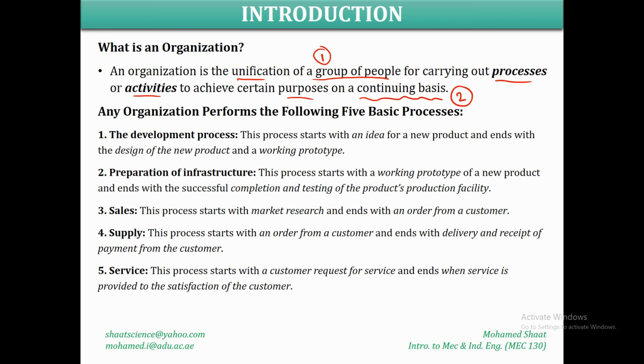By the end of the semester, by the end of the project, the relation between the members of the group will end. It means that the unification will vanish by the end of the project, the task, the purpose, the process or the activity. So it won't be considered an organization.